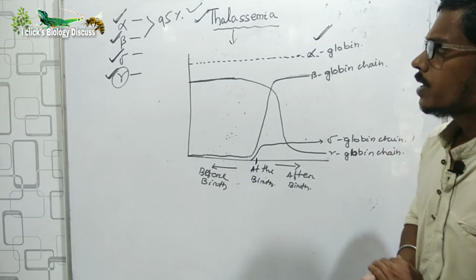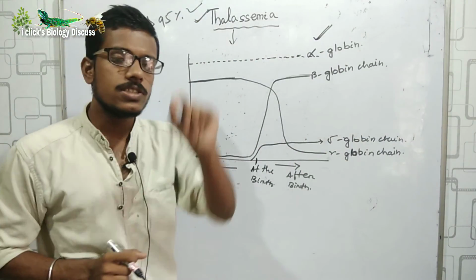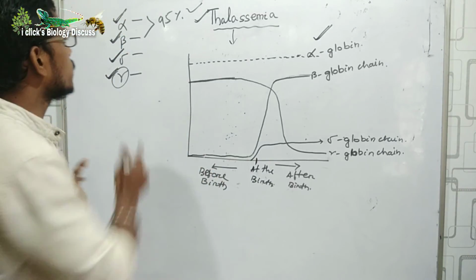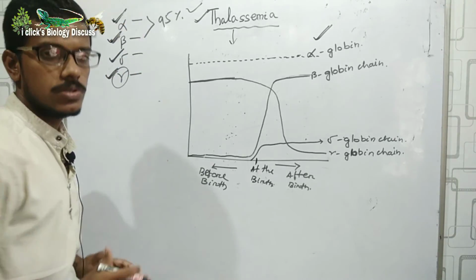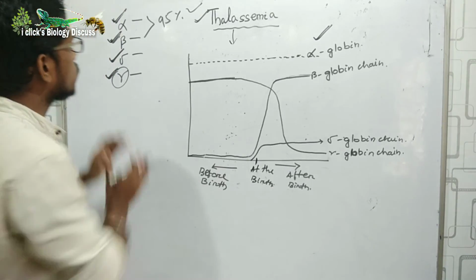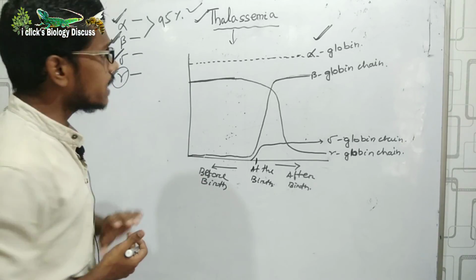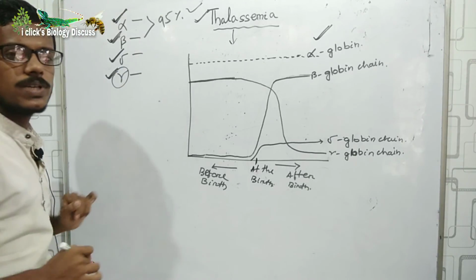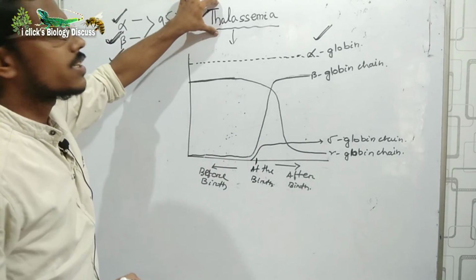But I want to tell you that thalassemia is due to the decrease in the synthesis of the alpha and beta globin chain, and approximately 95% of hemoglobin is contributed by the alpha and beta globin chain. So if there is any disorder with the alpha globin chain synthesis or beta globin chain synthesis, then that will lead to thalassemia.